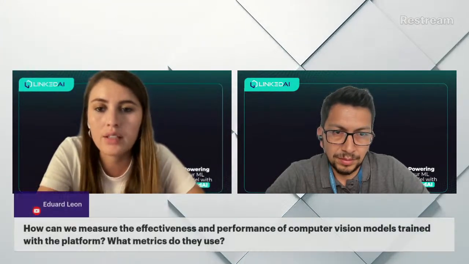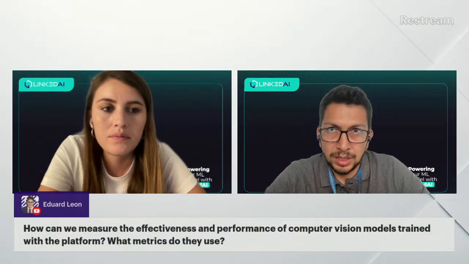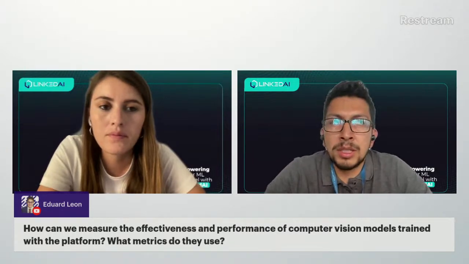So I think we have time to answer the last question. So this one is, how can we measure the effectiveness and performance of computer vision models trained with the data from the platform? That's a really good question.